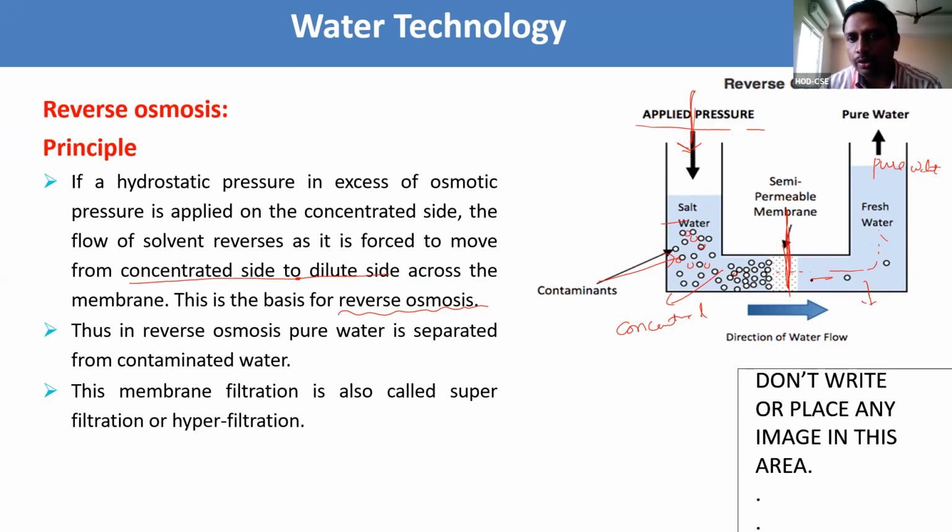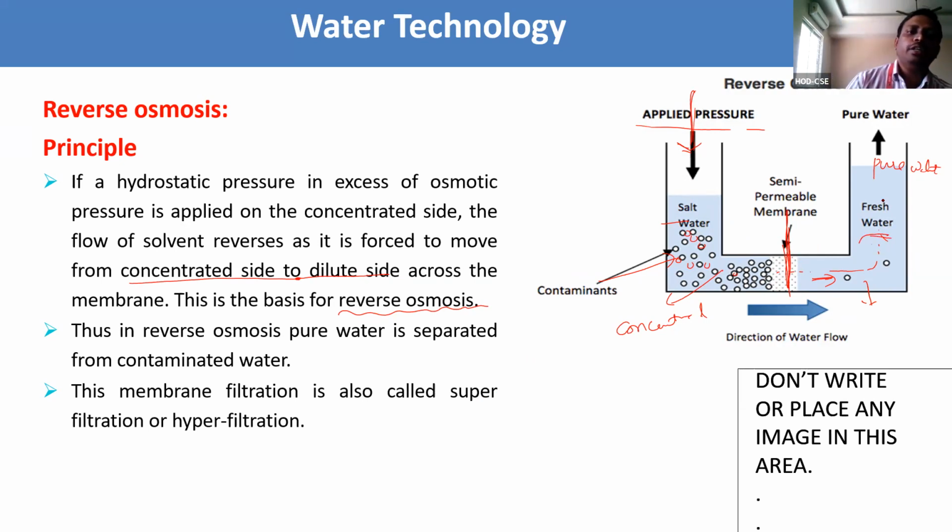By using reverse osmosis, we get fresh water. Pure water is separated from the contaminated water. By applying some pressure on this side, salt water gets converted into fresh water.